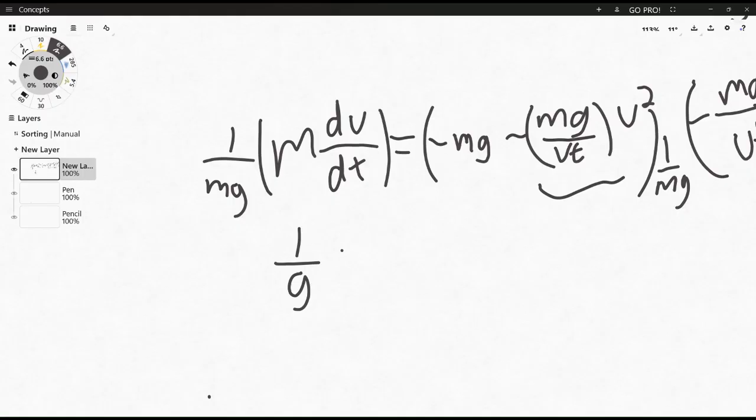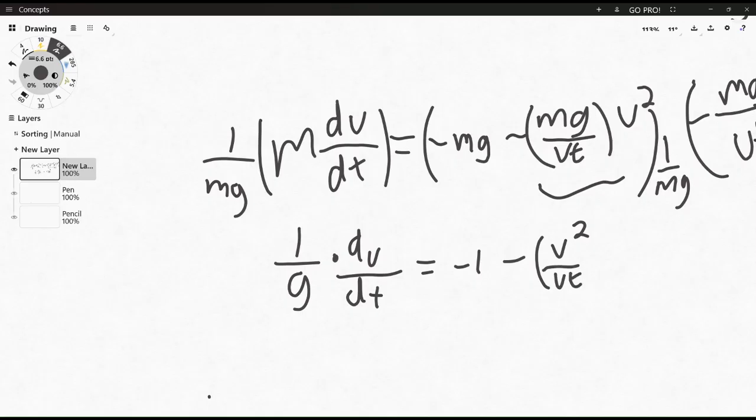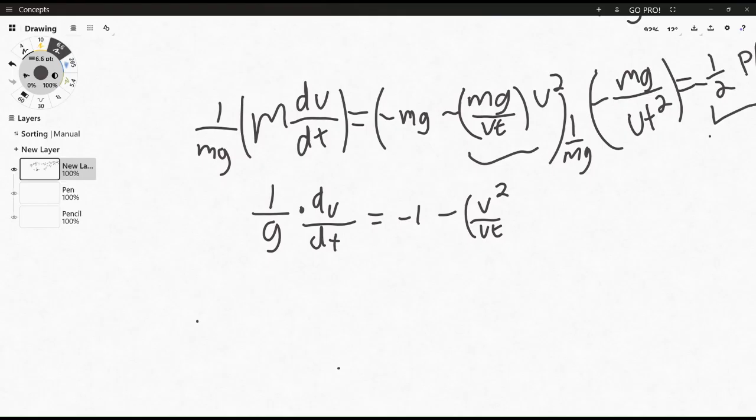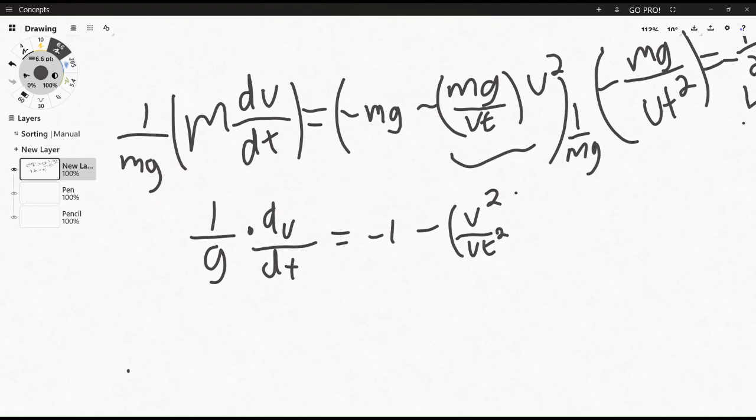So now I'm going to have 1 over g times dv over dt equals -1 minus mg. That's going to cancel, so I'm going to have V squared over VT squared. Oh, this is supposed to be squared. Sorry.